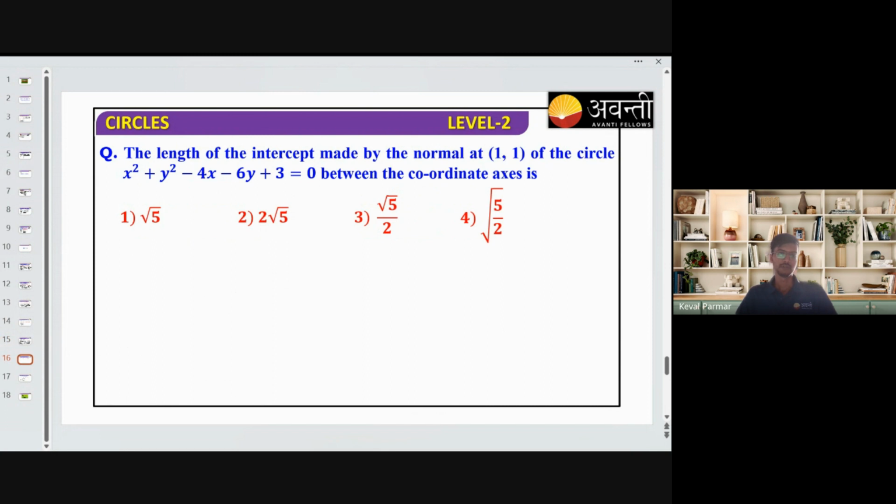Okay, should I give you all some time? I think this question you should try, right? I'll give you 2 minutes. Chalo, 2 minutes are, I think, more than enough for this question. Come on, your time starts now. It is 4:40. Around 4:42, you should be over with. Chalo, let's see.